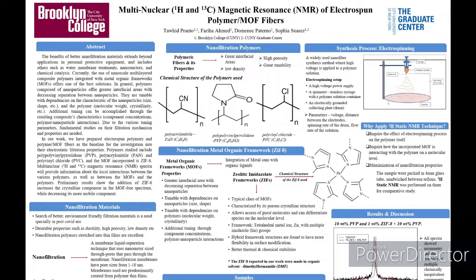The first one is a high voltage DC power supply, then a spinneret, which is a syringe-shaped container with the polymer solution, and then the electrically grounded collecting plate or drum. When you apply a high voltage difference, the solution comes out from the spinneret and collects on the grounded plate.